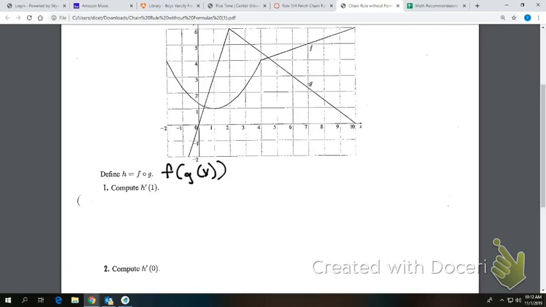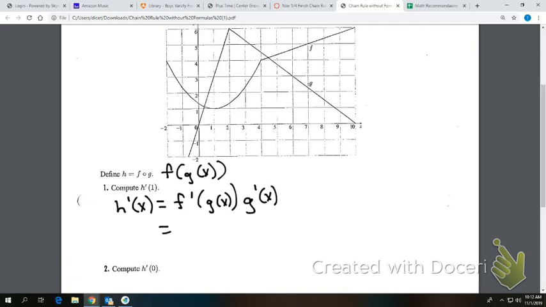What would h prime of x be? It would be f prime of g of x times what, guys? G prime of x. Cool.